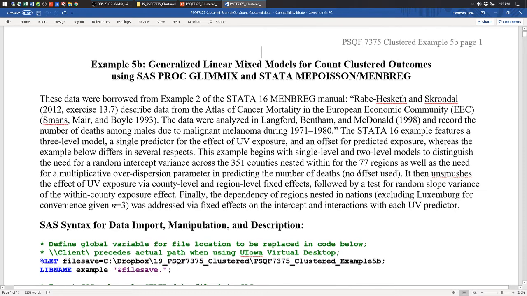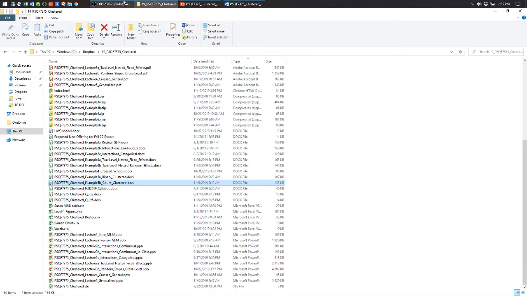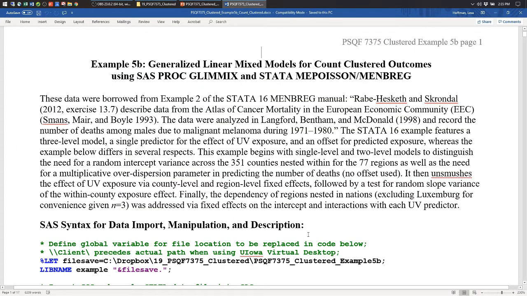So I have an example that I built. Example 5b, let me make sure I'm streaming here, since some of the folks aren't here today. I borrowed some data from the Rabe-Hesketh and Skrondal book that actually showed up in this Stata help guide. So this is from their example 2 in the menbreg routine, which is their version of negative binomial for mixed effects models.